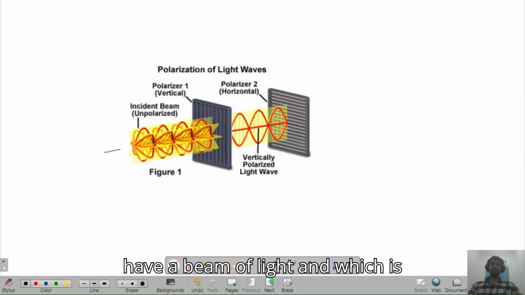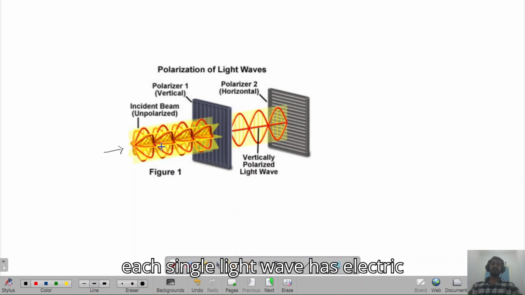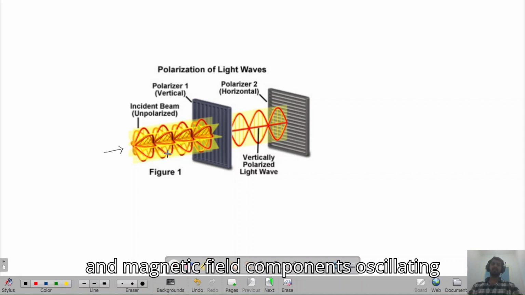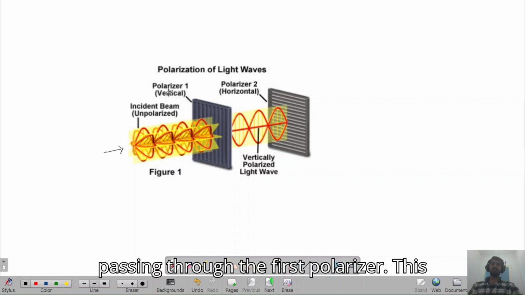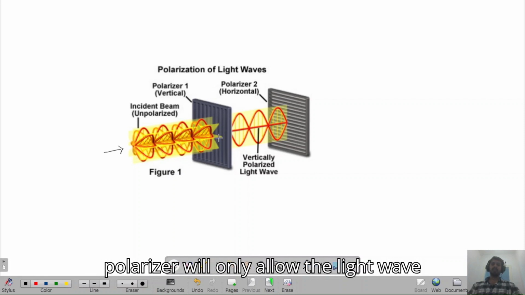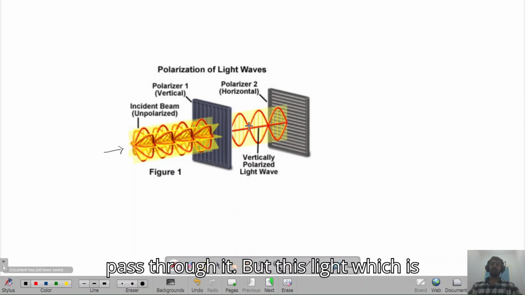So we have a beam of light, which is composed of different light waves polarized in different directions, but each single light wave has electric and magnetic field components oscillating perpendicular to each other. And after passing through the first polarizer, this polarizer will only allow the light wave which is polarized in the Y direction to pass through it.